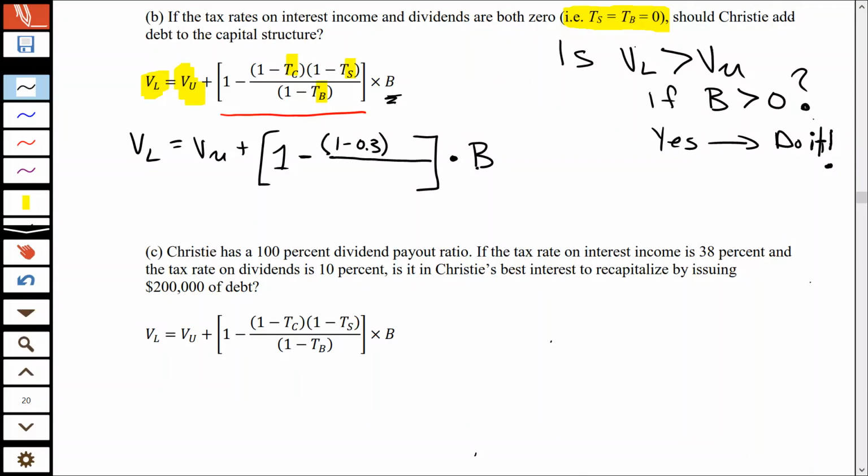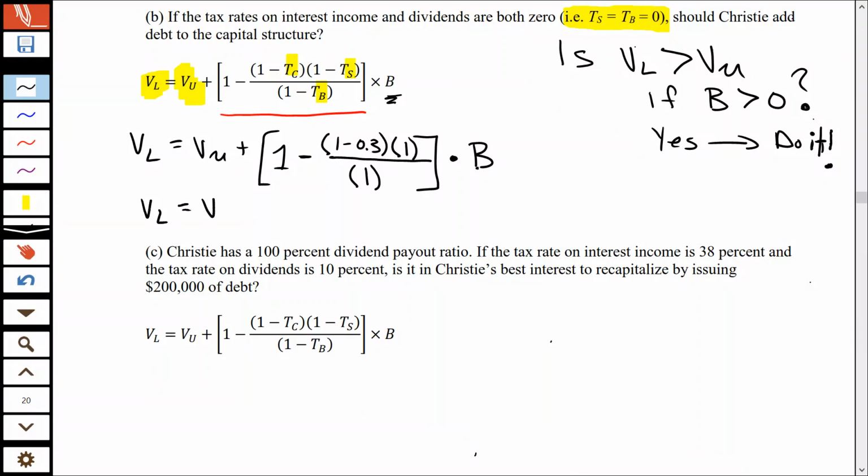So we say 1 minus 0.3. Now, because TS and TB are both 0, 1 minus TS becomes 1 minus 0, which is simply 1. And down here in the denominator, 1 minus TB is 1 minus 0. So that is, again, simply equal to 1. And so we basically have everything that we need there.